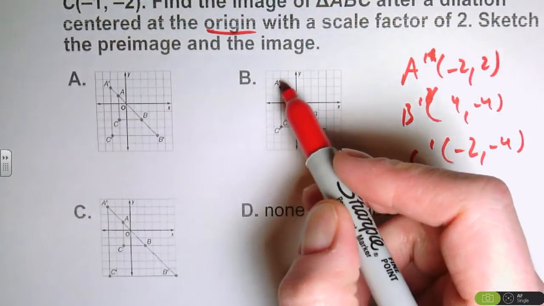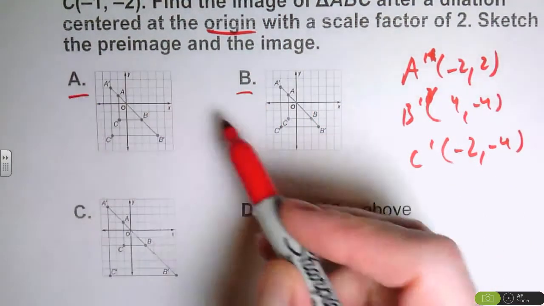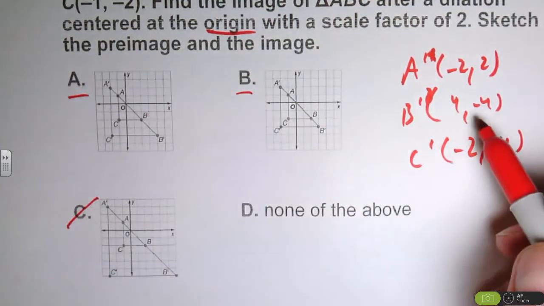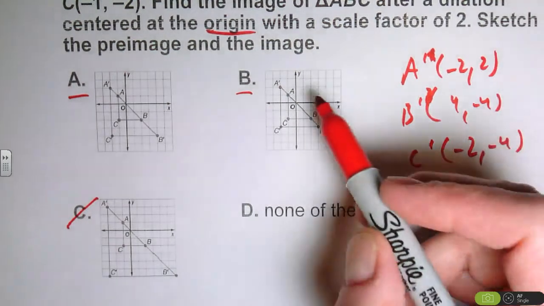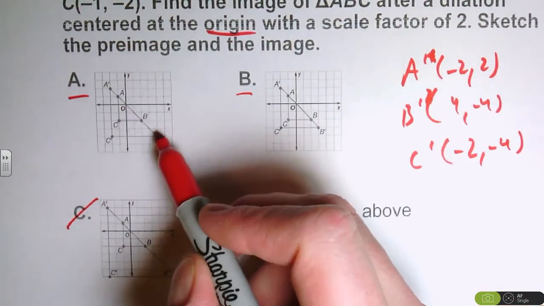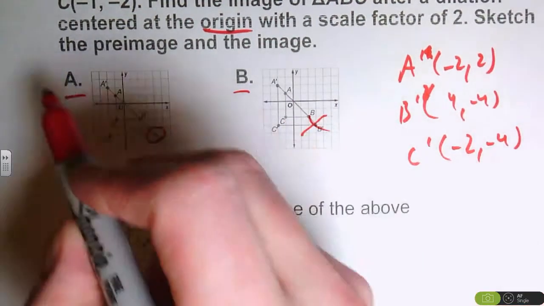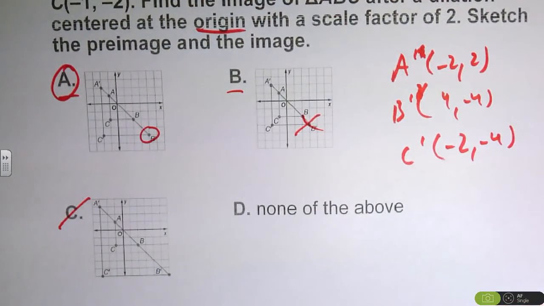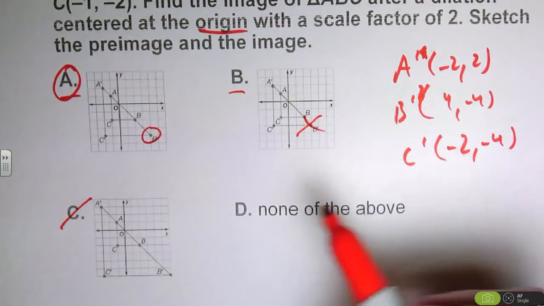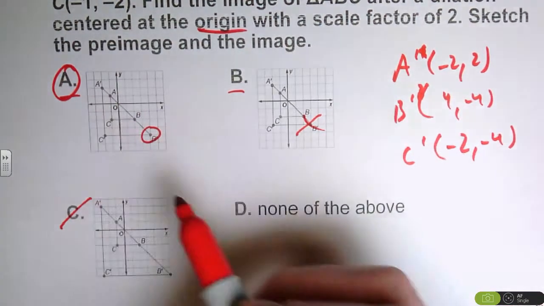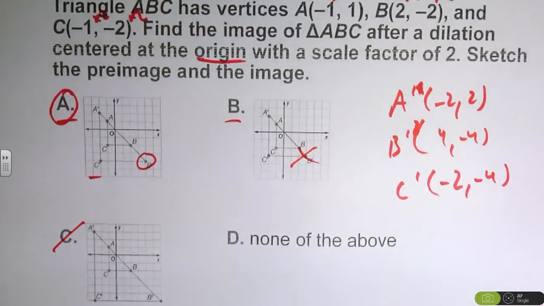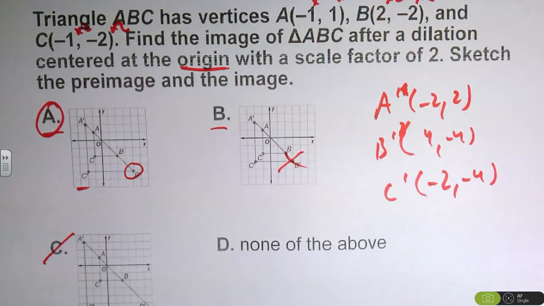Well, here's negative 2, 2 for B and for A, but not for C. B prime should be at 4, negative 4. So it should be over 4, down 4. There's A, has that. But B is over 3, down 3, so not B. So there was the answer, A. And just for good measure, if you look at C prime, it's at negative 2, negative 4. That one works. Okay. So again, all I have to do is just multiply all the x and y's by 2.